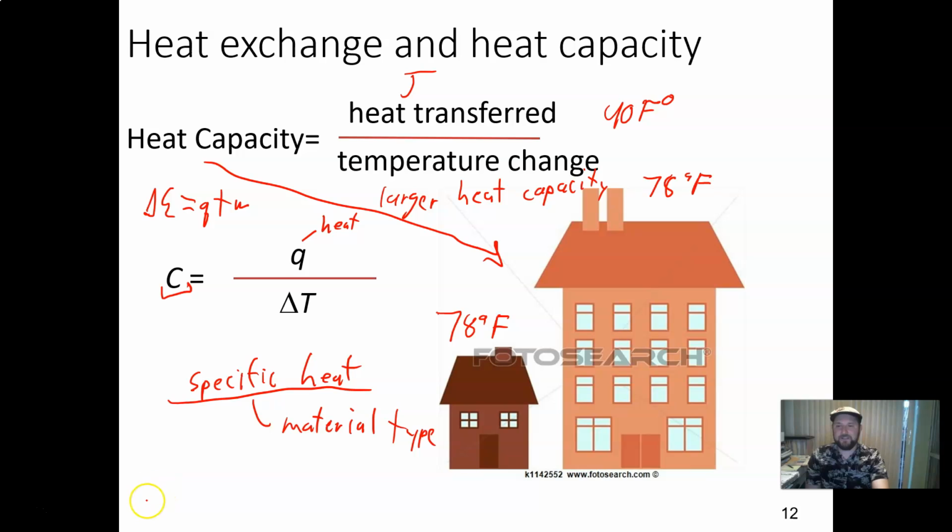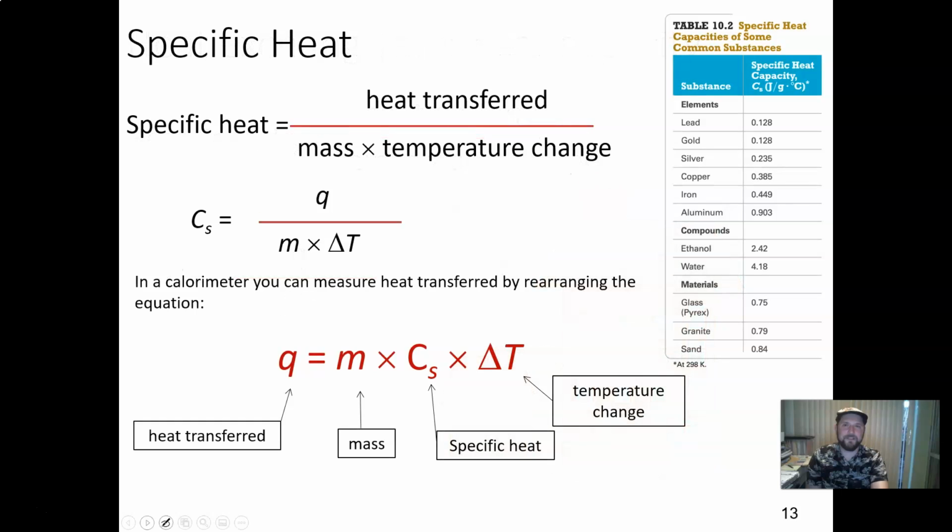And so in chemistry, one would have a more general kind of equation. Even though it's called specific heat, it's actually a little bit more general, that is general to a type of chemical. And so specific heat, this C sub S, notice that's for specific, has a slightly different equation.